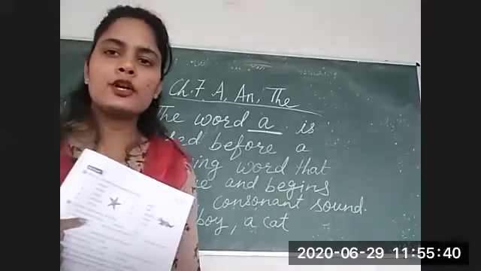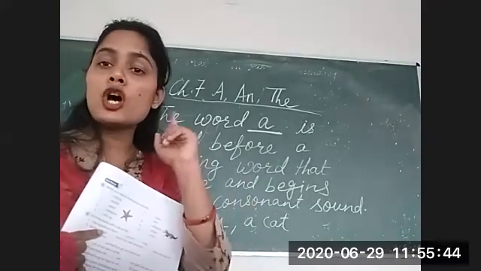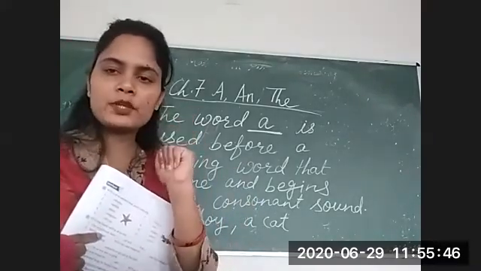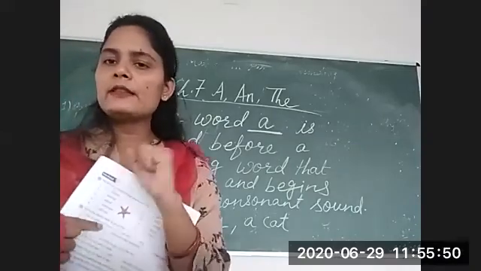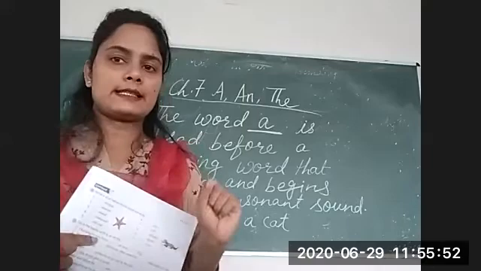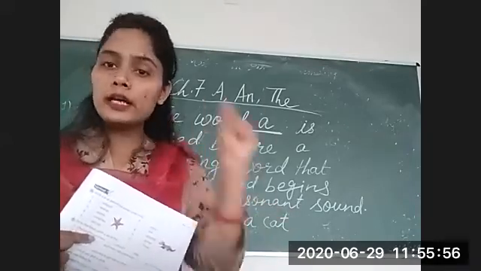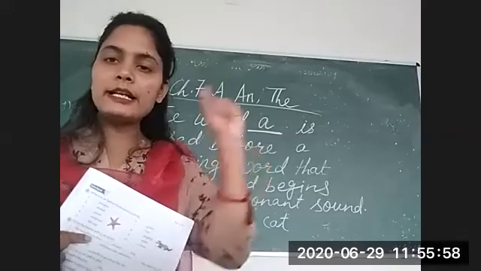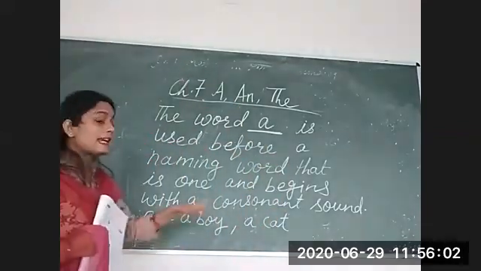Boy. When you speak boy, you can hear the sound of a consonant. When you hear the sound of a consonant, then you understand that yes, I have to use the article A before the word. A cat.